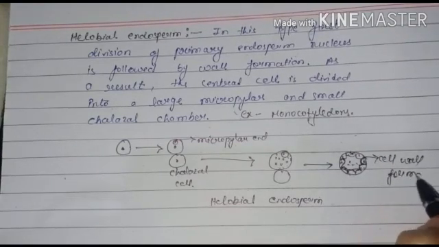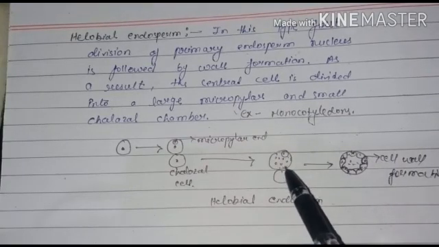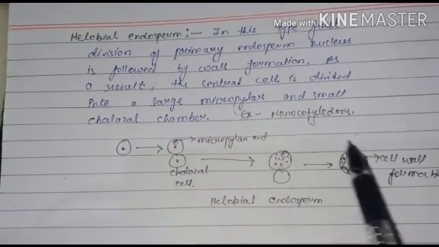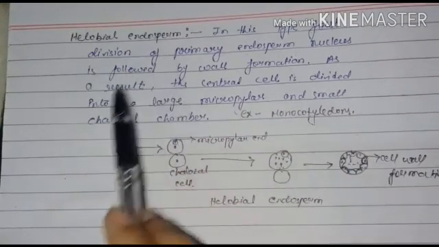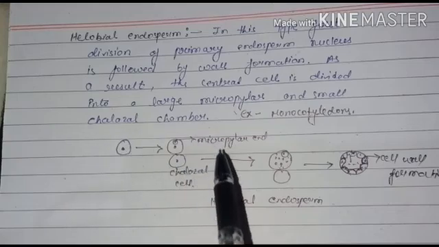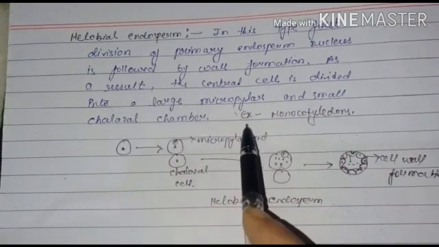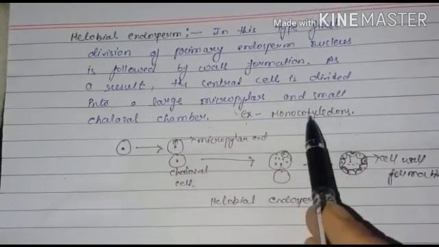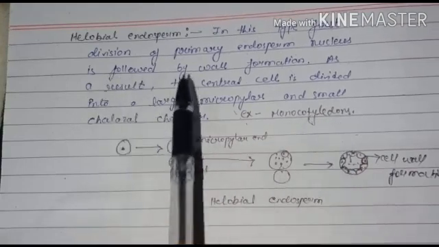So in helobial endosperm both types of division occur, cytokinesis and karyokinesis. An example of helobial endosperm is monocotyledons. All examples of monocotyledons we can call helobial endosperm.